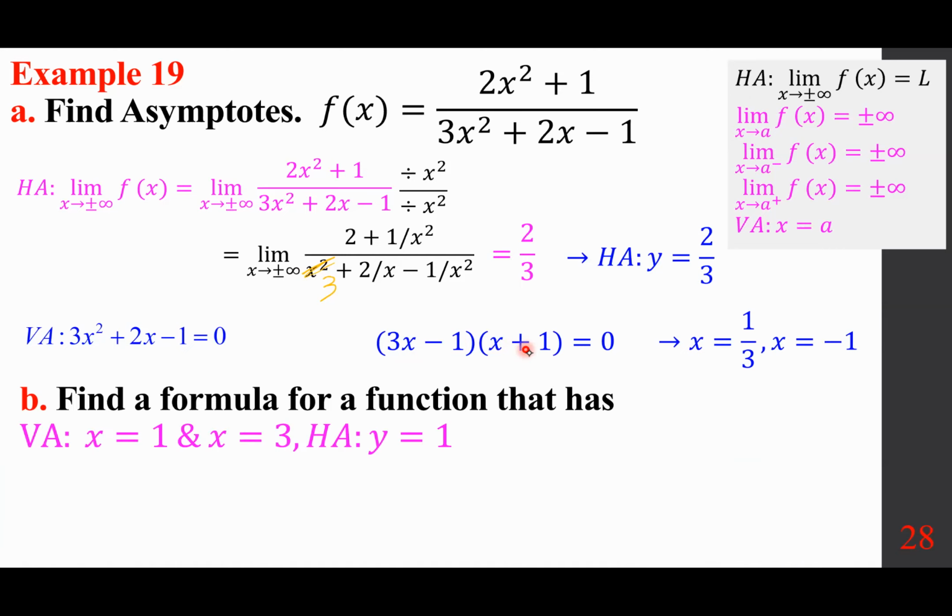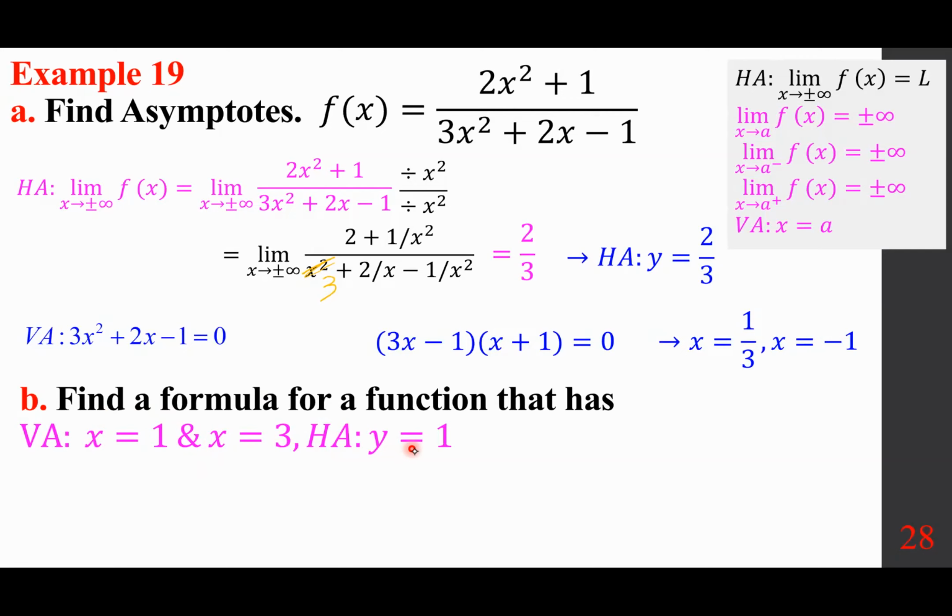We want to find a formula for a function that has vertical asymptotes x equals 1 and x equals 3. So it has 2 vertical asymptotes and 1 horizontal asymptote, where y equals 1.